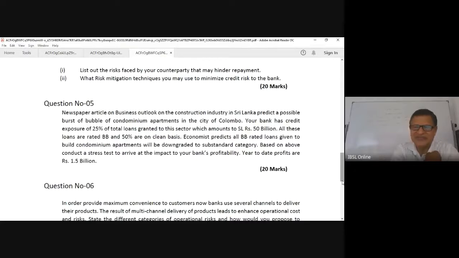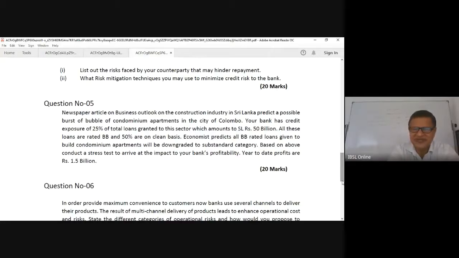Now, when this bubble bursts, they say economists predict this. It has not happened. In a stress test, what we do is actually a prediction of the future. So when the economist says this sector might fall and a crisis will occur, risk managers generally do a calculation, and that calculation is based on the scenario.